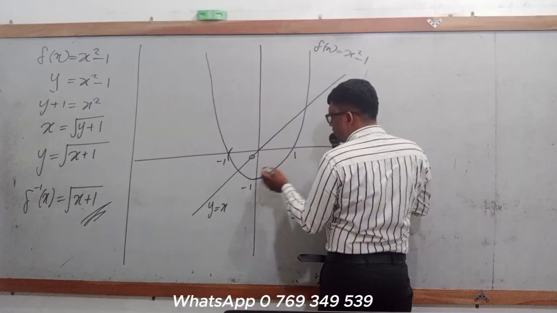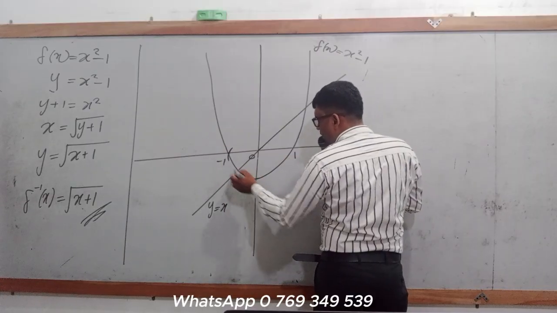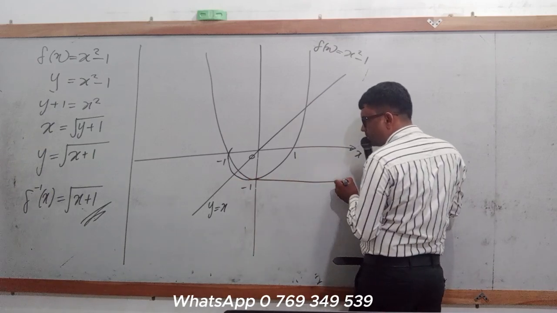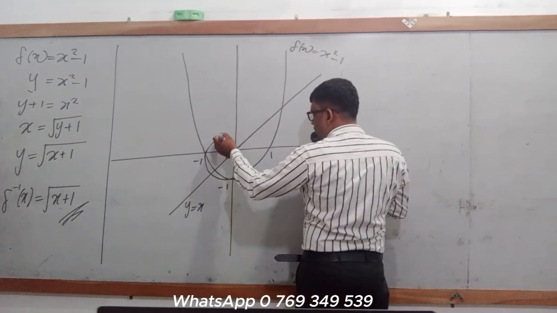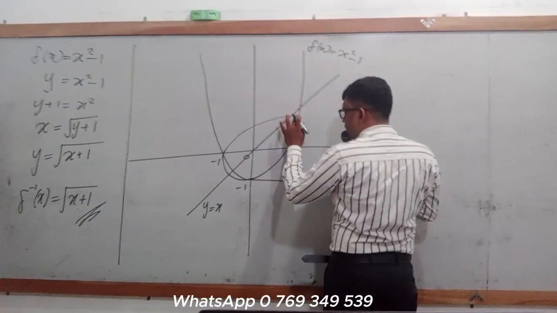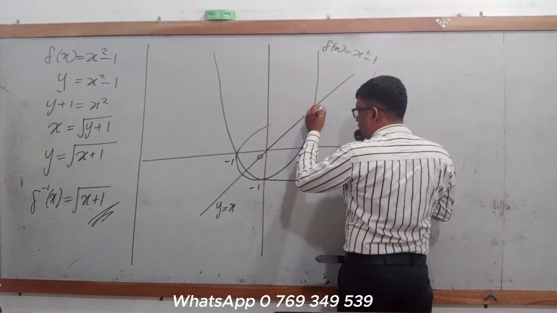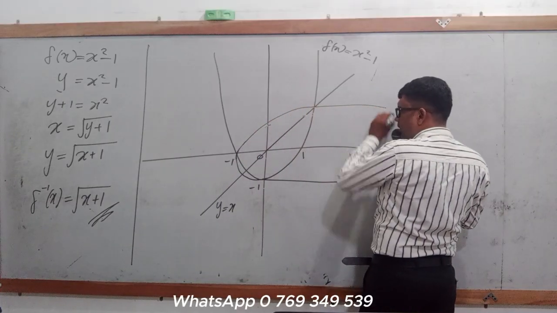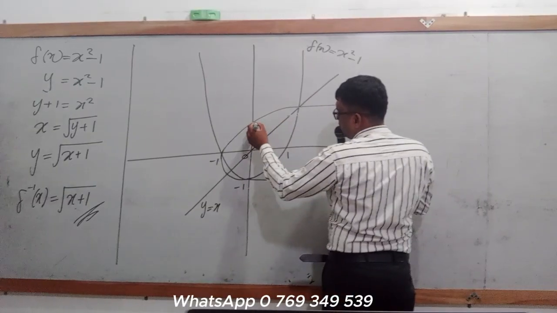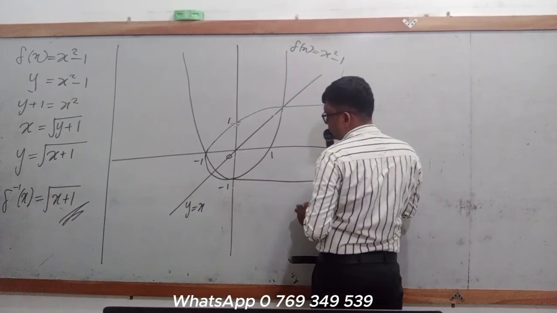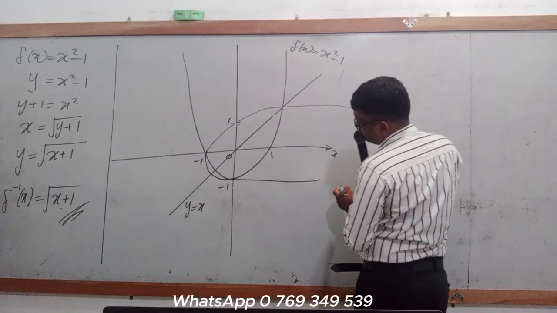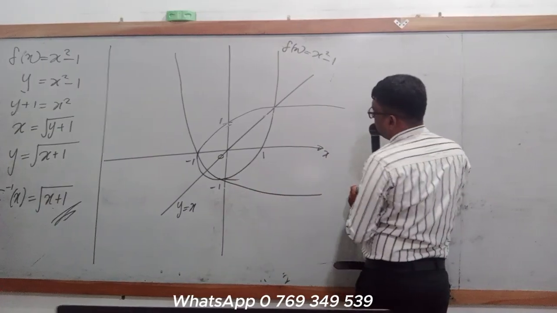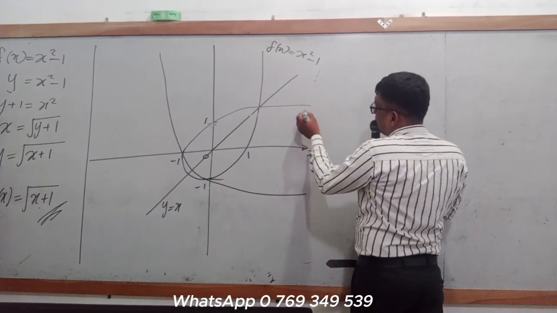Right? This point goes to here. That curve is going like this. And this one goes like this, and this one is 1. That one is not symmetric, but you can take it like this. Okay.